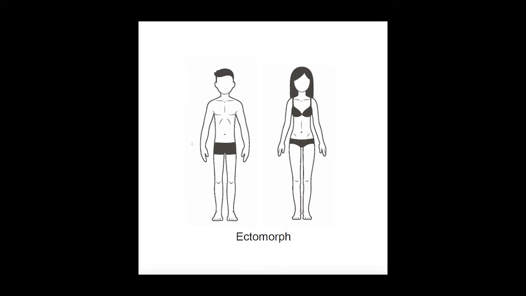This body type will gravitate towards endurance sports, for example triathlons. Nice slipstream, and your body will be nice and efficient, not carrying a lot of weight, generally ideal for endurance sports. When it comes to the diet, ectos need a huge amount of calories in order to gain weight.